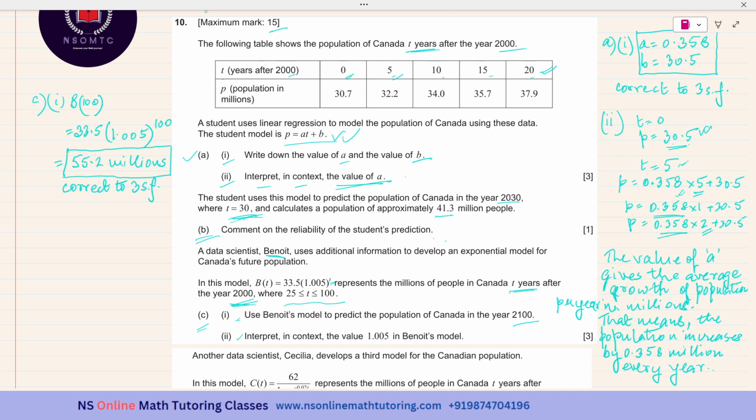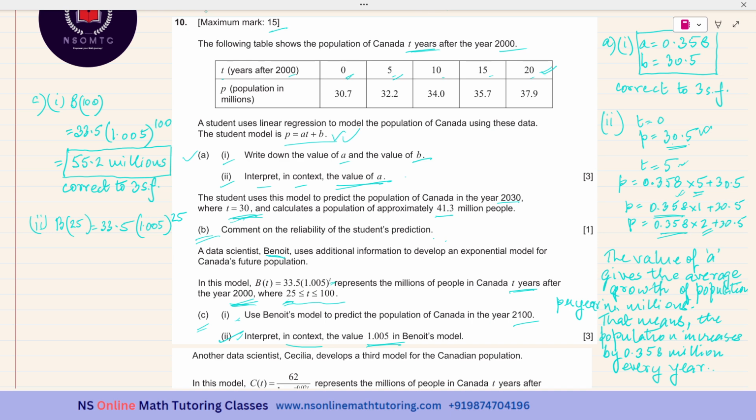Okay. Part II, interpret in context the value of 1.005 in Benoit's model. We are seeing that if we take t value, the smallest t value is 25. So let us take B of 25. This should be equal to 33.5 times 1.005 raised to the power of 25.